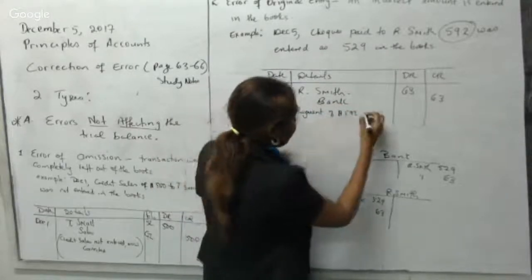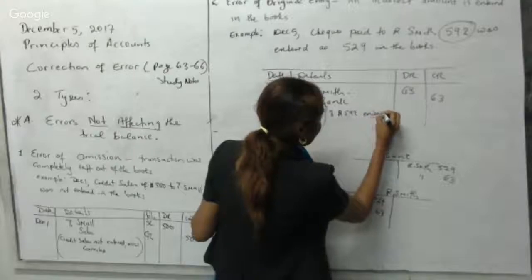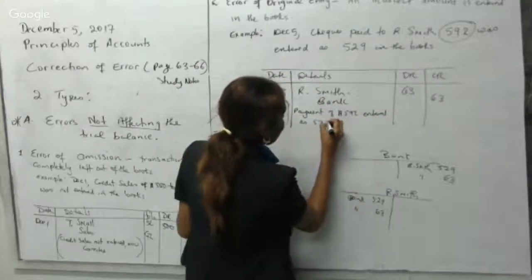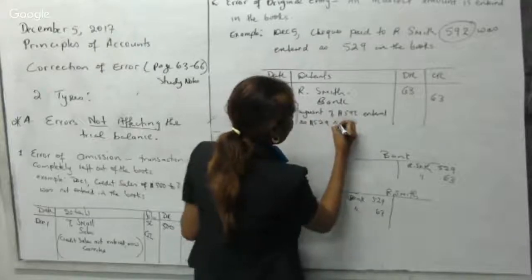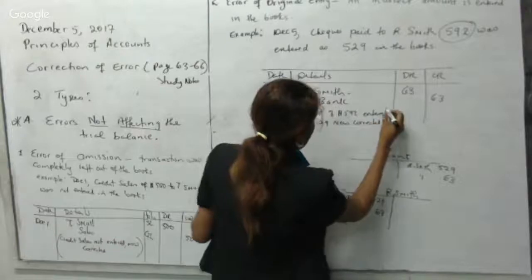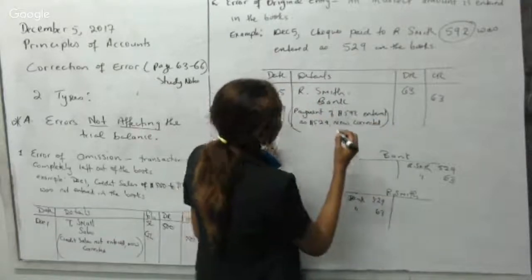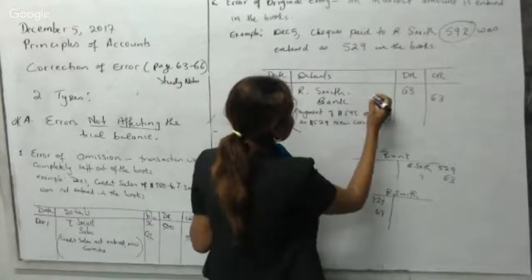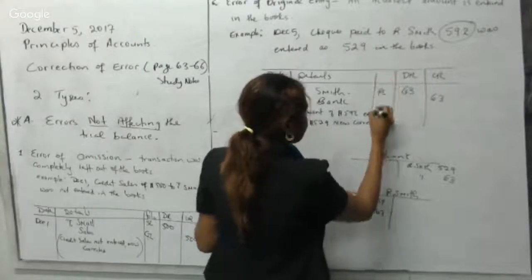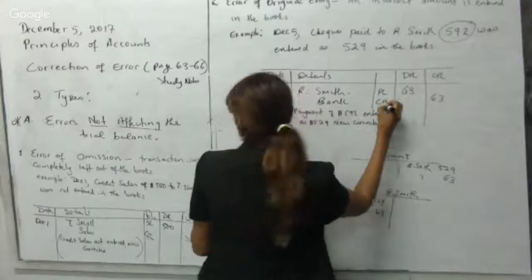What's the folio? R. Smith is SL, right? We are paying R. Smith, so we're going to assume he is PL, and bank would be cash book, CP.